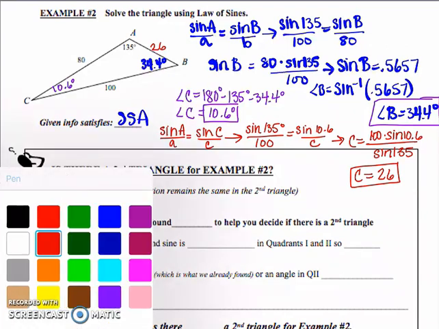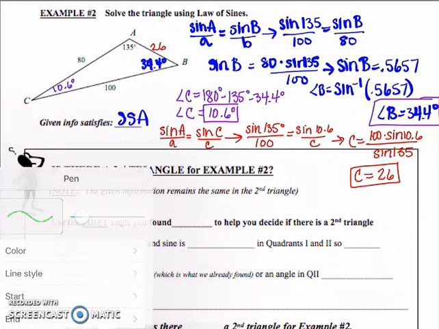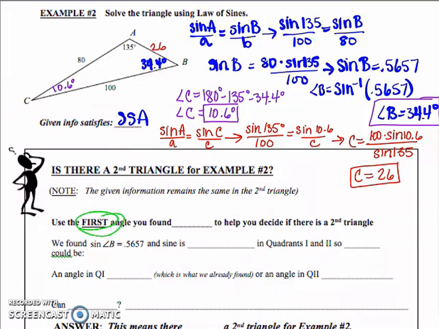In the case of this problem, the first angle that I found was angle B right here. Okay, so I know that angle B was 34.4 degrees. That's going to help me decide if there is a second triangle. We found that the sine of angle B was 0.5657.